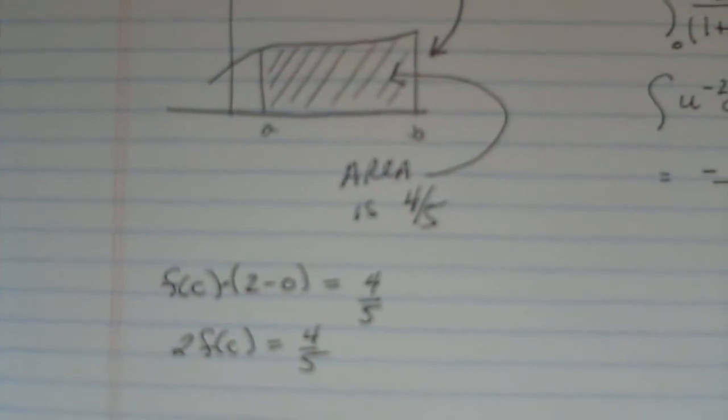Well, f of c times 2, move the 2 to the other side, in other words, divide both sides by 2. You have 2 f of c equals 4/5. Move the 2 to the other side. You get 2/5. F of c equals 2/5.